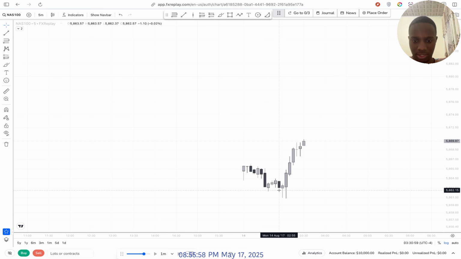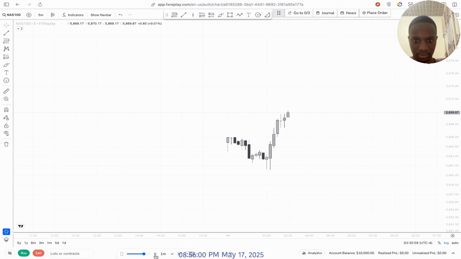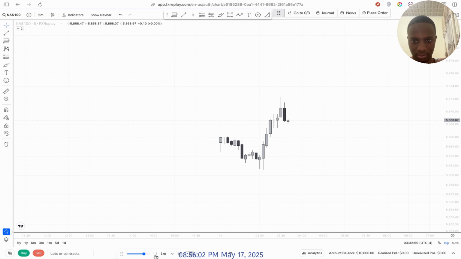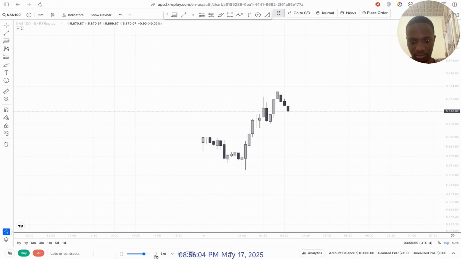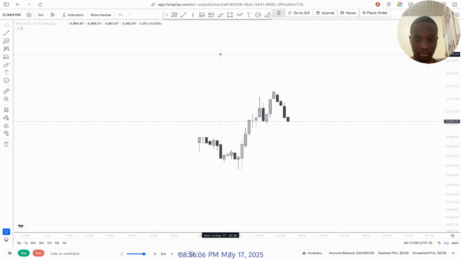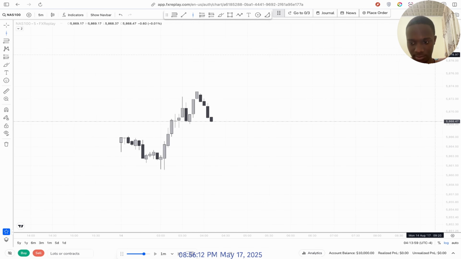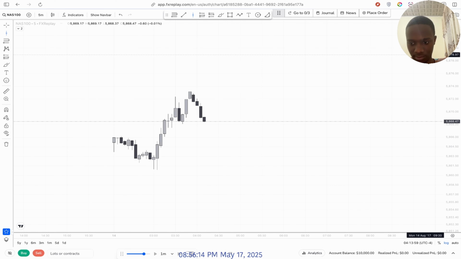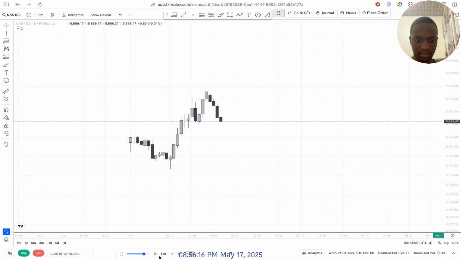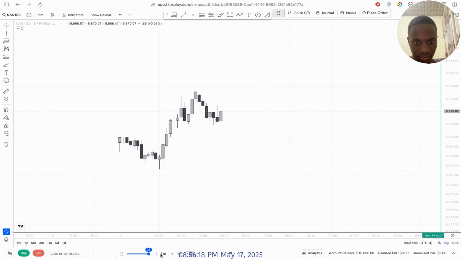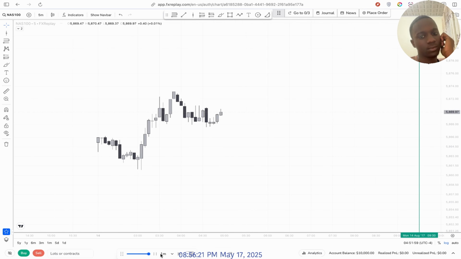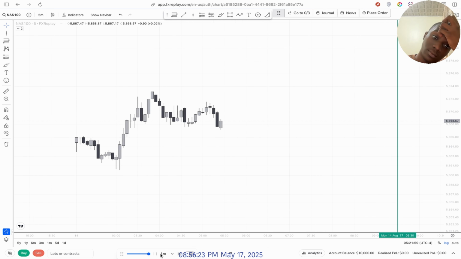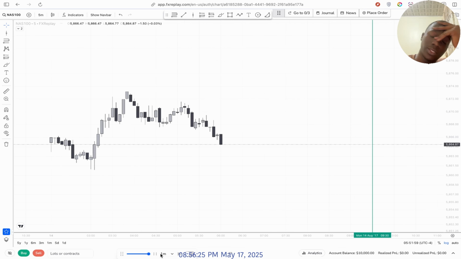So you can see a low taken out here. London is ranging a bit.